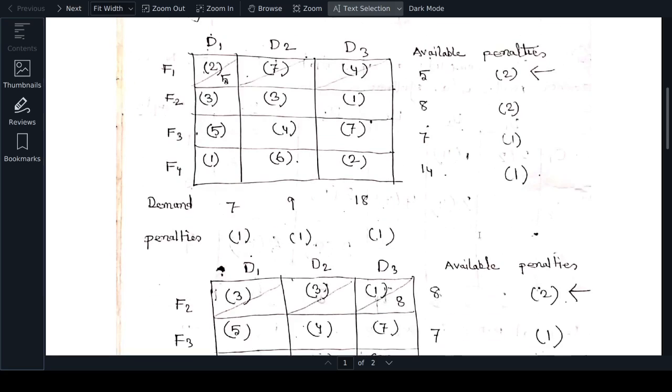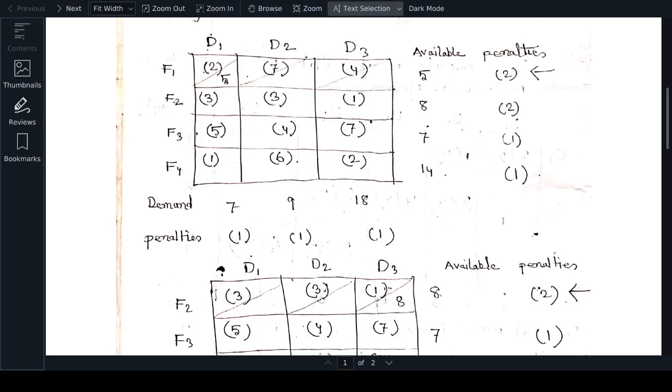What is the lowest cost? 2. Yes, good. What is the second lowest cost? 4. So 4 minus 2 equals 2. So the penalty in the first row is 2.